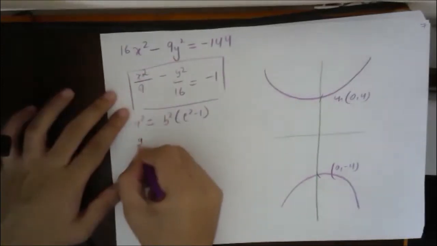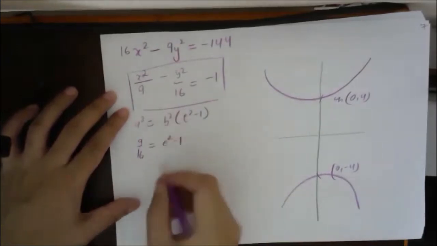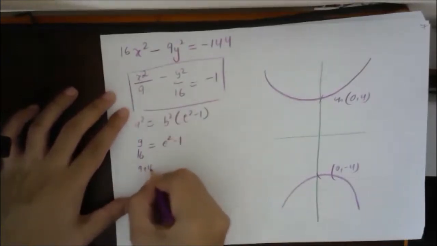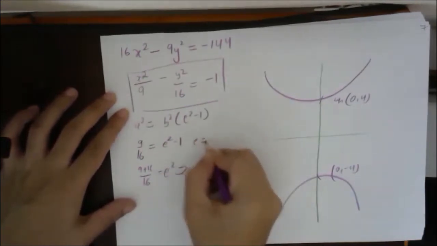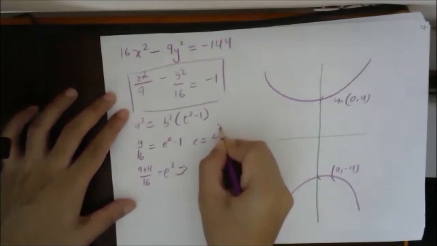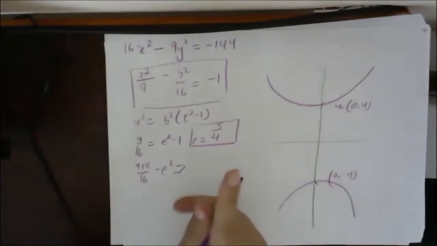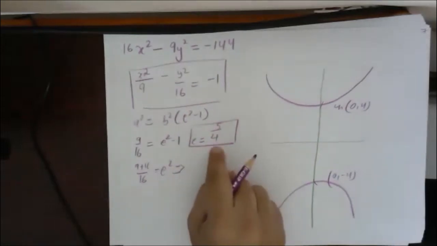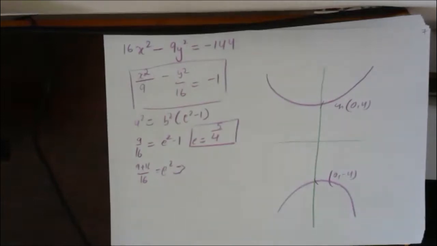So 9 by 16 is equal to e square minus 1. This minus 1 will come here. So 9 plus 16 by 16 is equal to e square. So e will be 5 by 4. Also, you should know the answer is correct because 5 by 4 is greater than 1. So e is greater than 1, right? If you had taken it otherwise, you would have got something else.